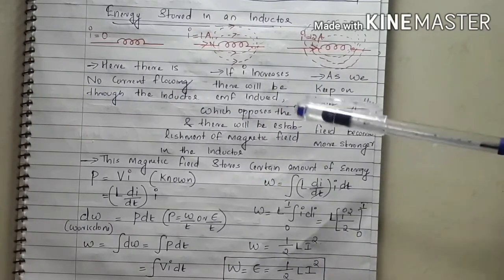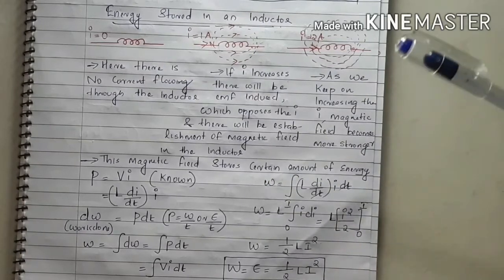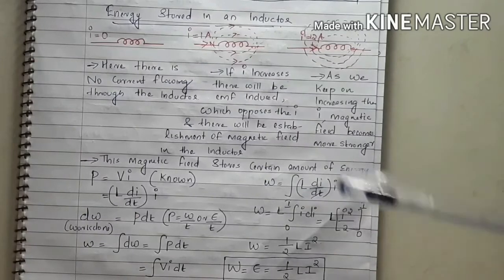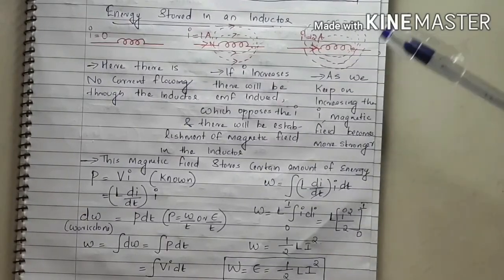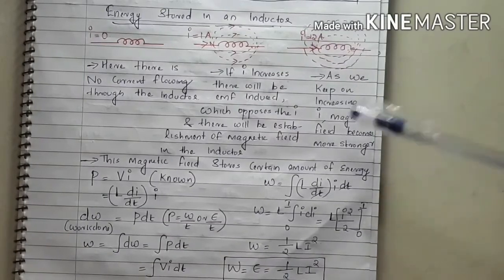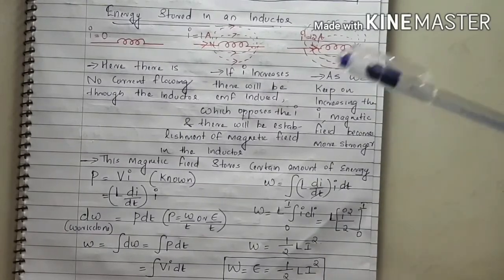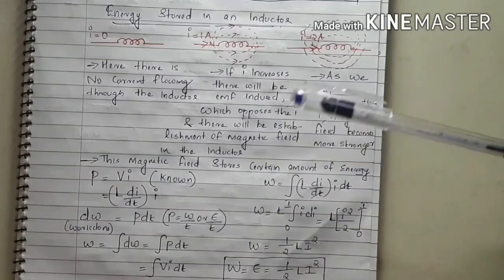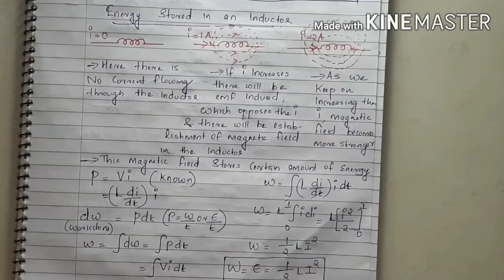Thus, there will be establishment of magnetic field in the inductor, which stores a certain amount of energy. In the third case, as we keep on increasing, here I becomes 2 amps. Keep on increasing the current, and the magnetic field becomes more and more strong. And this magnetic field stores a certain amount of energy.